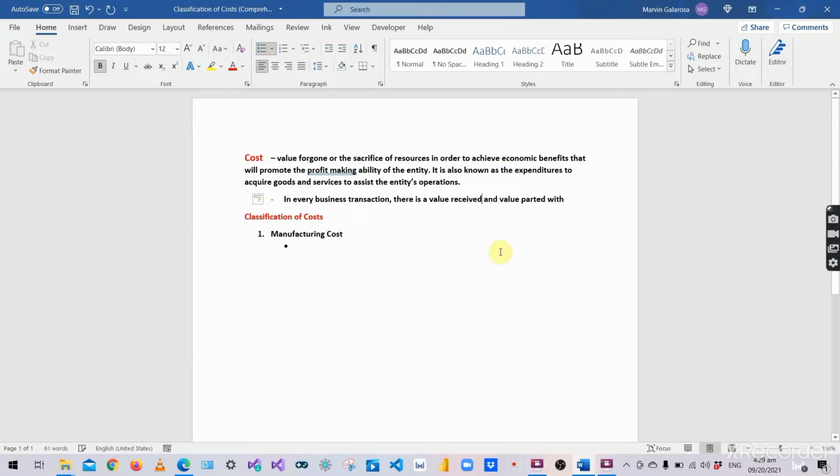Ano yung tinutukoy natin na value received? This can be in the form of goods or services na magre-result into future economic benefits. So that will result to future economic benefits.